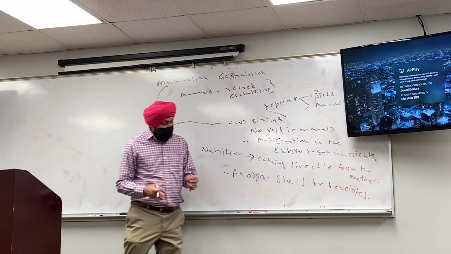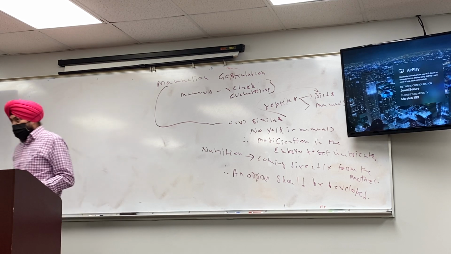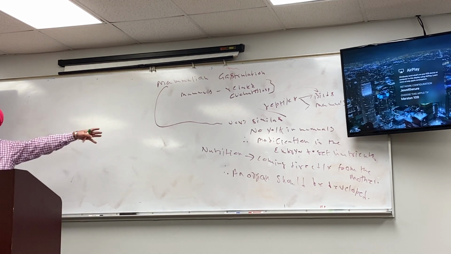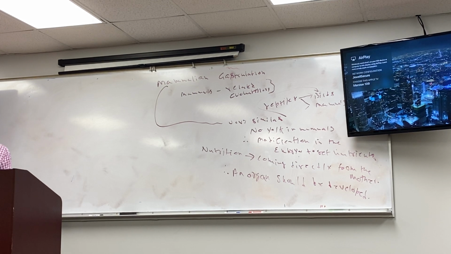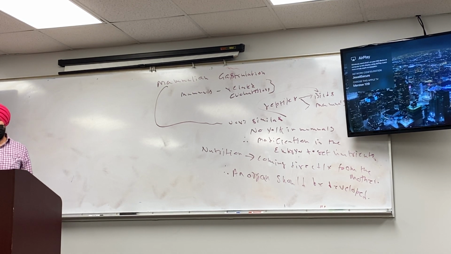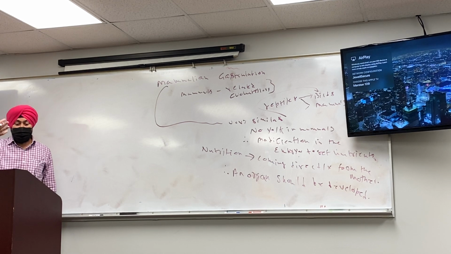So if you want to continue with the development, you need a source of nutrition. There is no yolk, so you need to get a connection with the mother, right? That means you need to develop an organ for that.